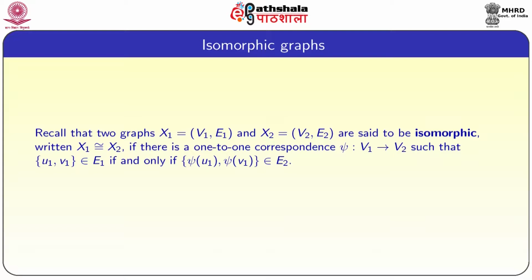We discussed isomorphisms of graphs in module 5 of chapter 1 as well. So, now here we are going to discuss the results of all these in terms of the adjacency matrix of a graph.